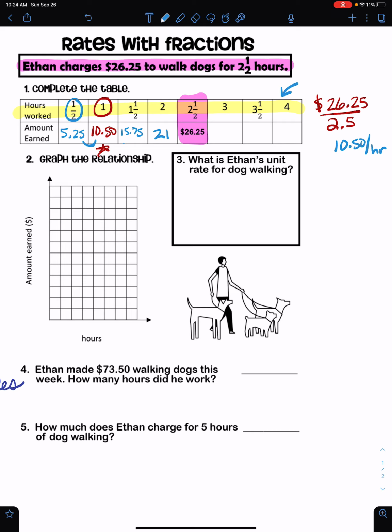You can do 10.50 times 3 to get $31.50. And for 3.5 hours, I can do 3.5 times 10.50 to get $36.75. And I can double the 2 to get the 4 to get $42, or I can multiply 4 times 10.50.